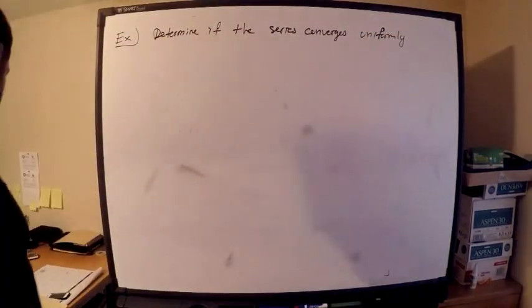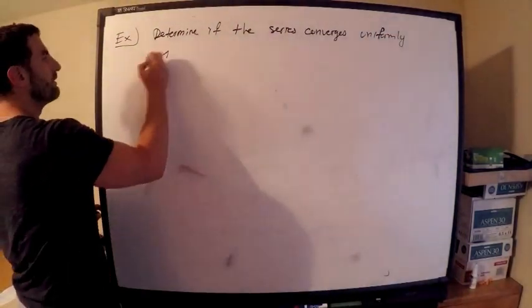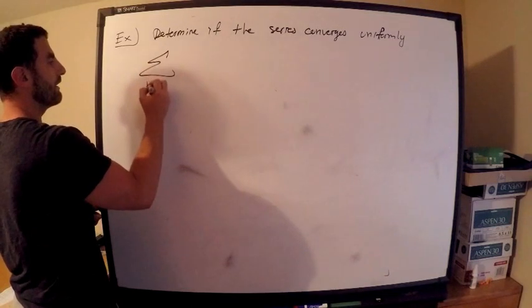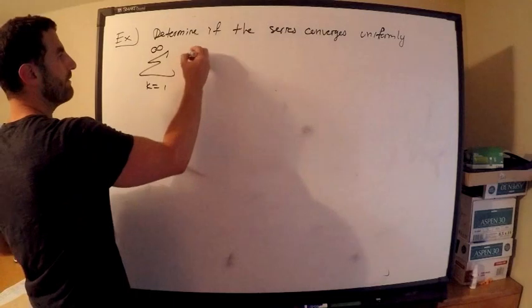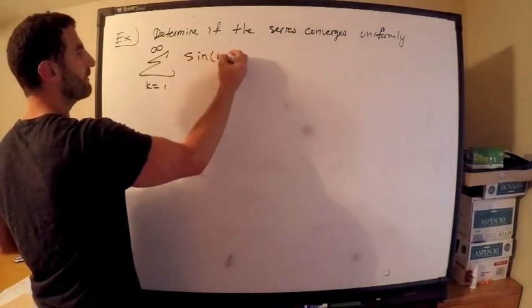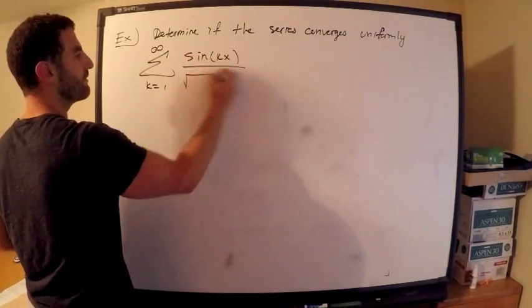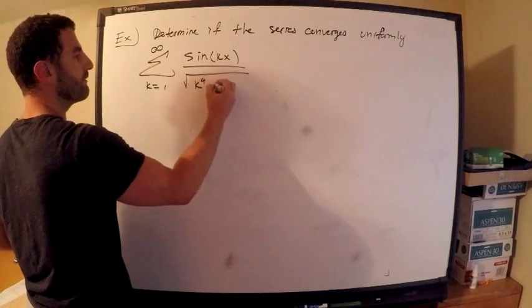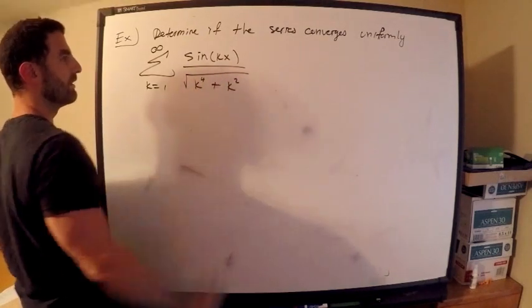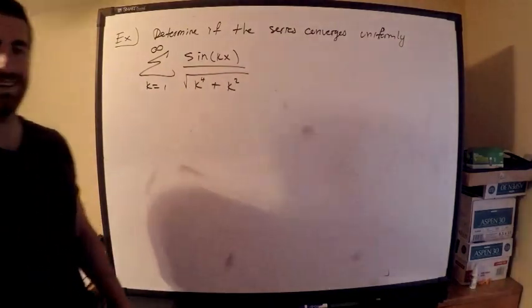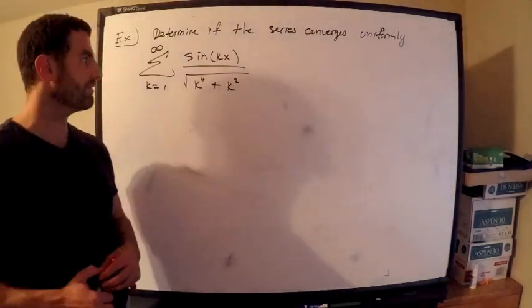Here's the series: the sum from k equals 1 to infinity of sine of kx divided by the square root of k to the fourth plus k squared. The idea here is I just want to bound the summand.